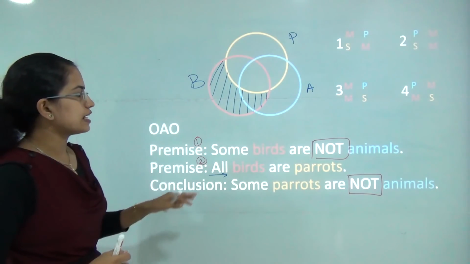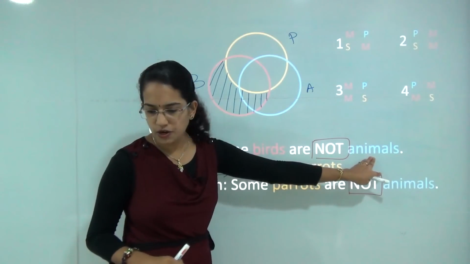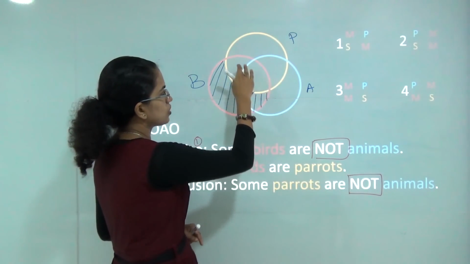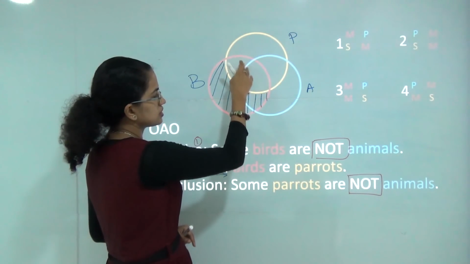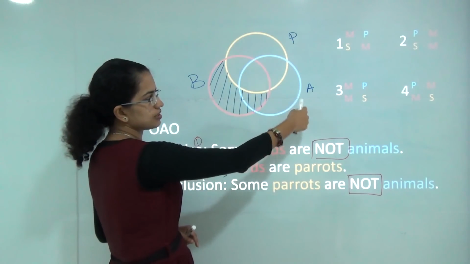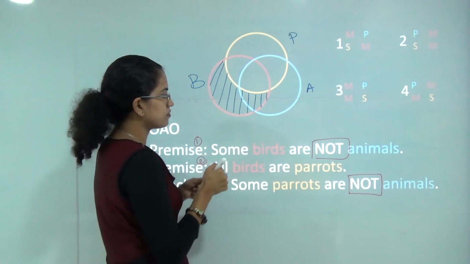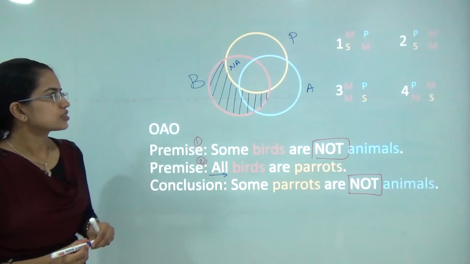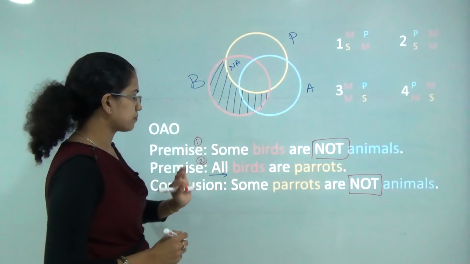Now I say some of the birds are not animals. Some of the birds are not animals. So I have the region that is left, and from these two regions, this is the region where birds are animals. So some of the birds are not animals would be this region. So that is something I have marked again.